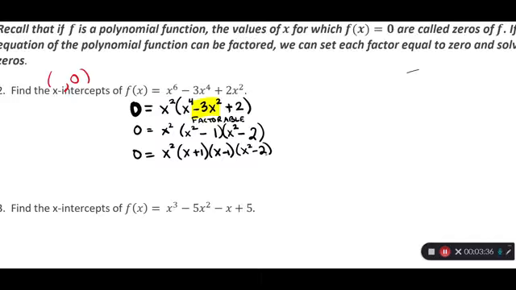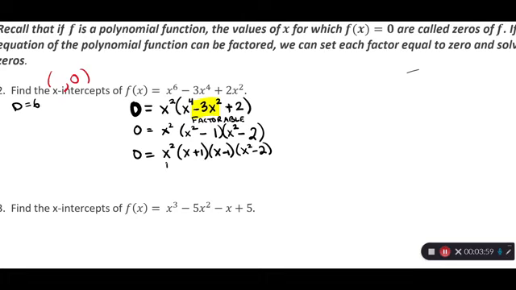It's not a difference of perfect squares. Now, I see that the degree is 6. And remember, if the degree is 6, that means that there are at most 6 zeros, or at most 6 x-intercepts. So I'm going to set each one of the factors equal to 0.